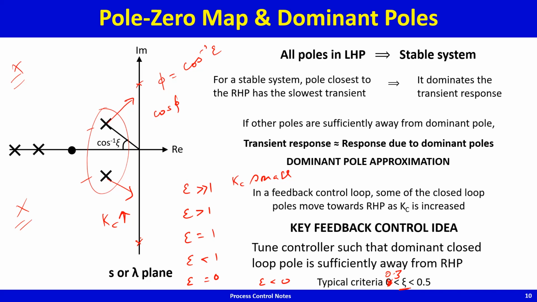So by ensuring the damping coefficient is between 0.3 and 0.5, you ensure an oscillatory response. Oscillations imply that the response is fast, but it is not too oscillatory, and that's the kind of thing that gets done for tuning control systems or control loops or PID controllers.